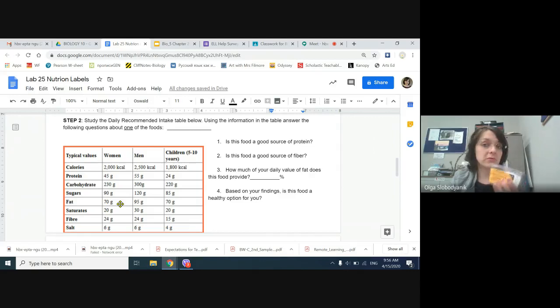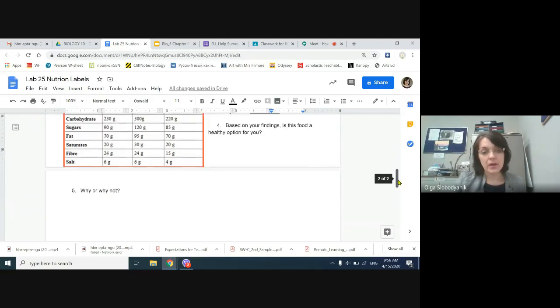So this is going to be 15% of the whole fat I need to eat. Based on your findings, is this food a healthy option for you or not, and why? Okay, so here you have to again do your own investigation, make your own conclusion and write it down based on what you think, or why not.